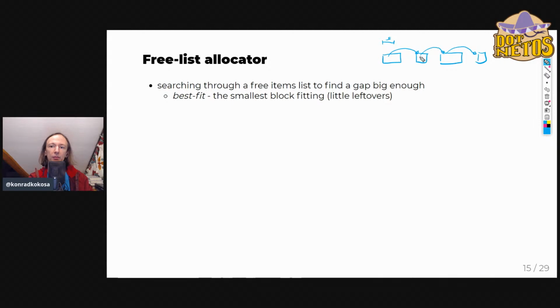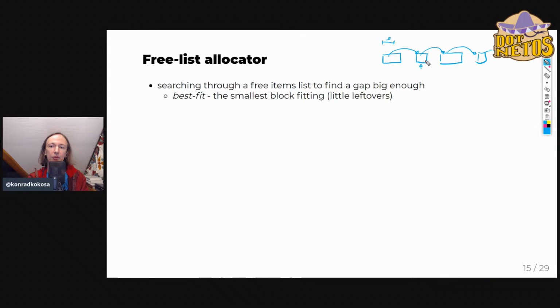So it will probably be this element. We would need to traverse all the elements to find that this is the best fit. But obviously finding the smallest fitting block is problematic, because we need to traverse the whole free list linearly, which is an overhead again, and we are always trying to avoid overheads.